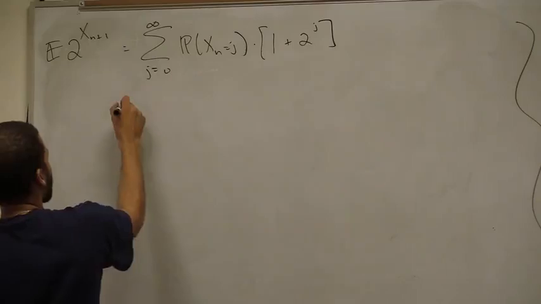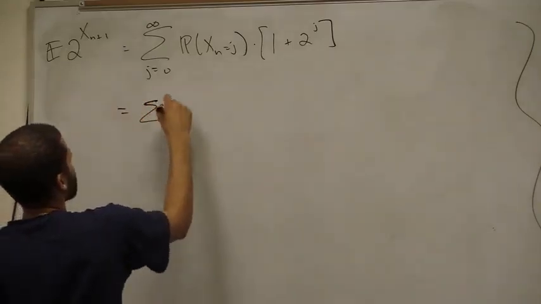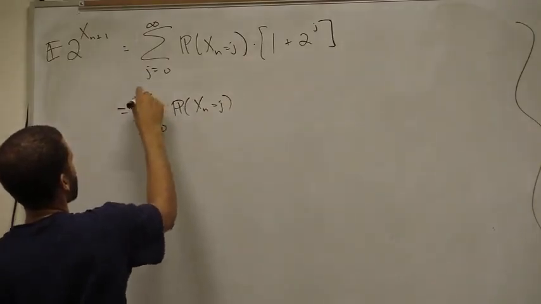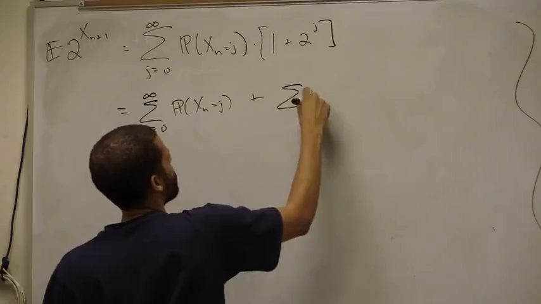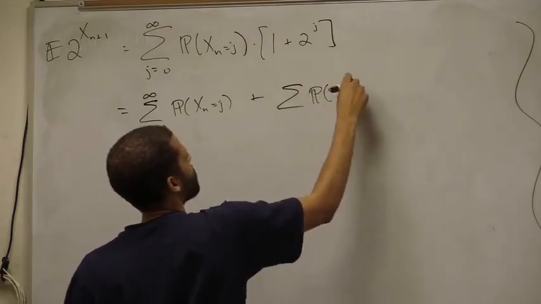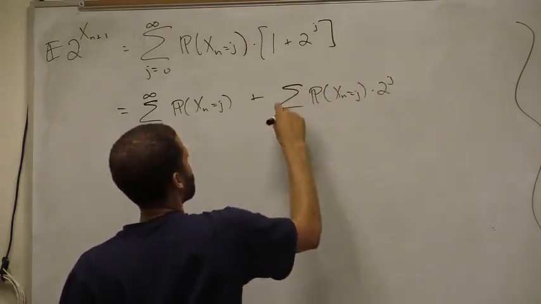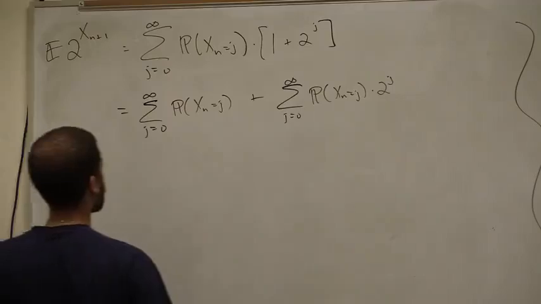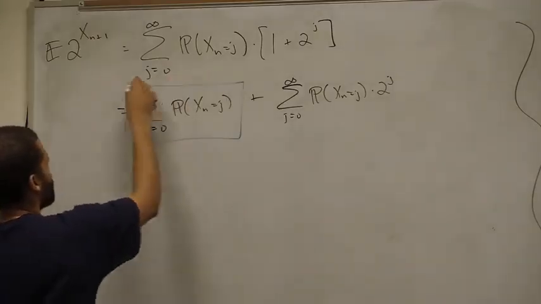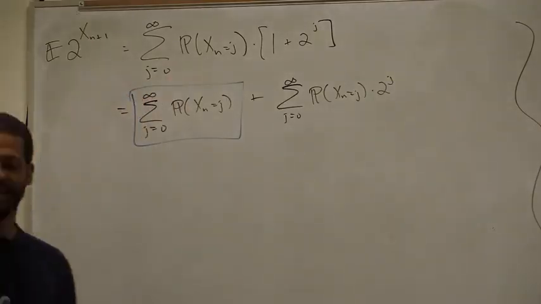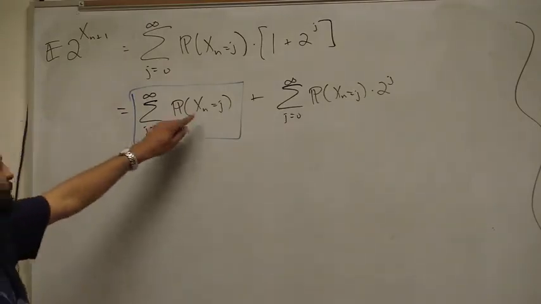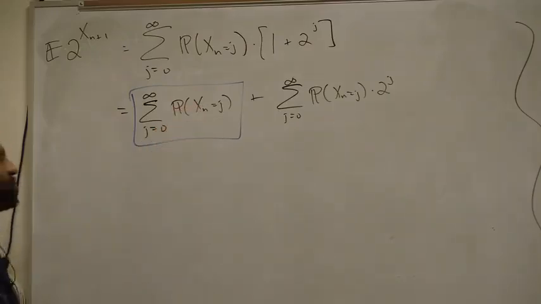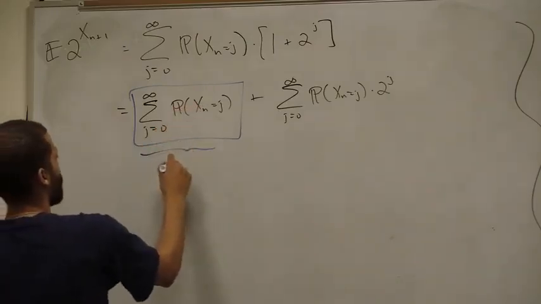And I can write that as the sum of the probability that xn is equal to j plus the sum of the probability that xn is equal to j times 2 to the j. Now xn is some non-negative integer. So this is saying what's the probability that it's either equal to 0 or 1 or 2 or 3, etc. Well, that's 1. It's equal to something. This is just equal to 1.